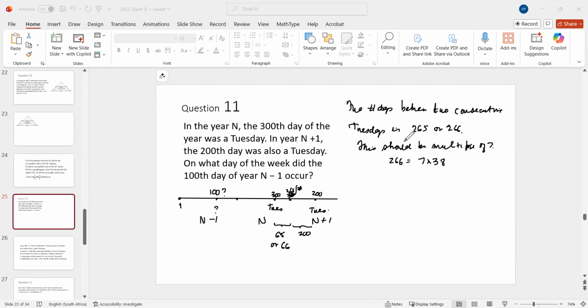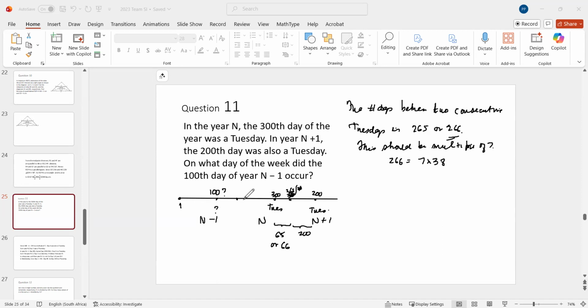So therefore, it's 266, not 265. So what does this mean now? It means up to 365 or 366, depending on whether it's a leap year, it happens to be 366 days.